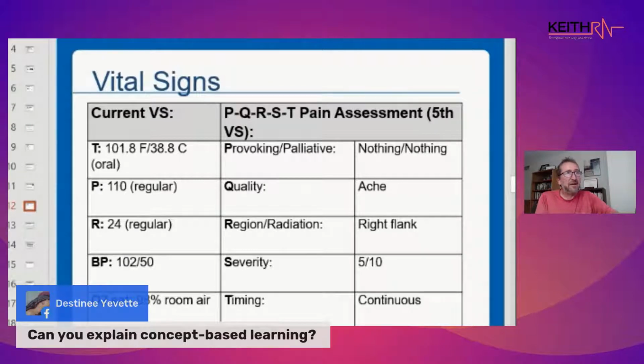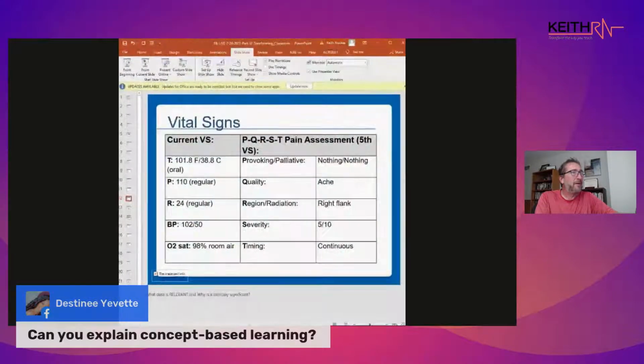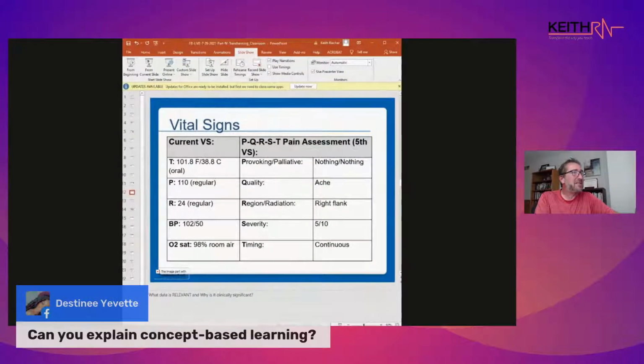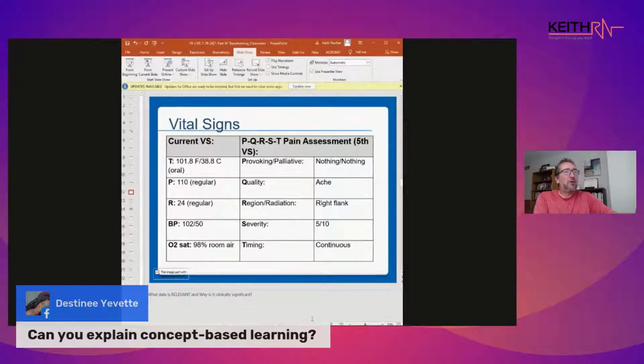Her temperature is 101.8. Her pulse is 110. Her respiratory rate is 24. Her blood pressure is 102/50, 98% sat on room air. She's also got right flank pain, 5/10. That's continuous. So again, every vital sign is vital.